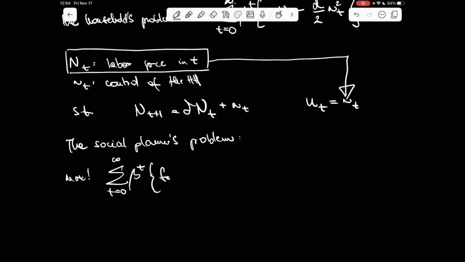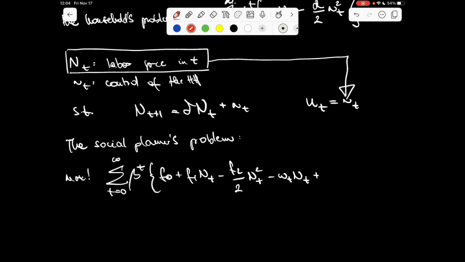very easily. So this is the objective function of the firm. You can easily realize that this is a deterministic version. And here comes, so this is the objective function of the firm, and this is the objective function of the household.